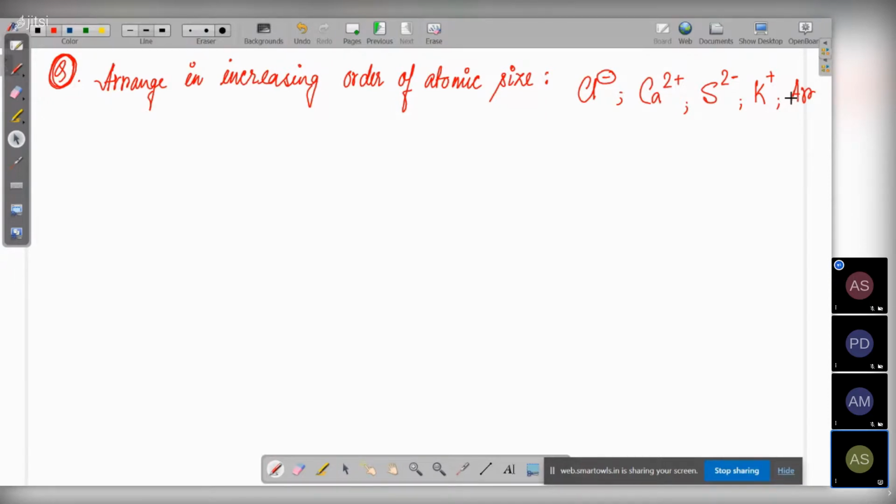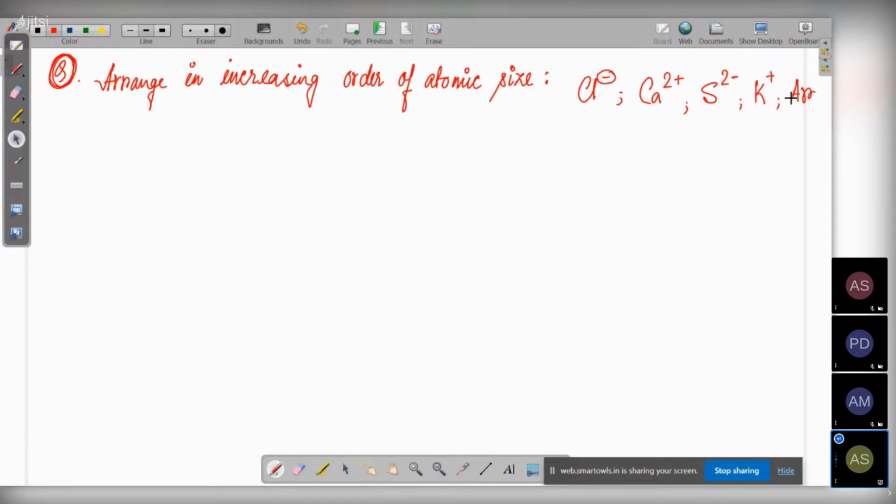Sir, Cl minus, then argon, then potassium, then calcium, and then sulfide.